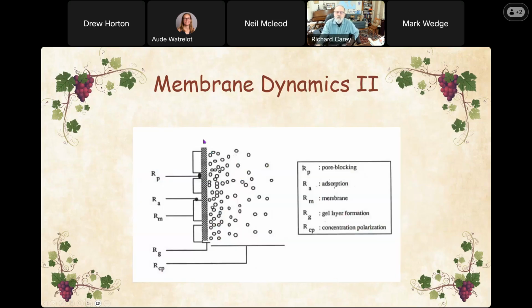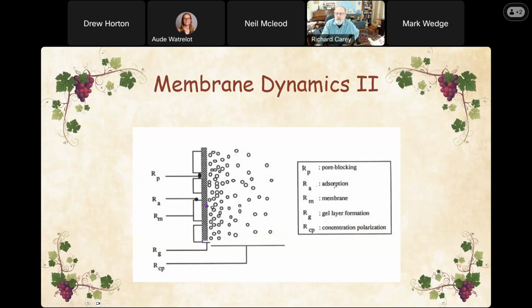And then there's membrane interactions. You obviously have pore blocking, which is when the particle gets embedded in the pore. You have adsorption, so that particles can get adsorbed onto it and create resistance. And then you have the actual membrane itself creating its level of separation. And then you have this thing called the gel layer.